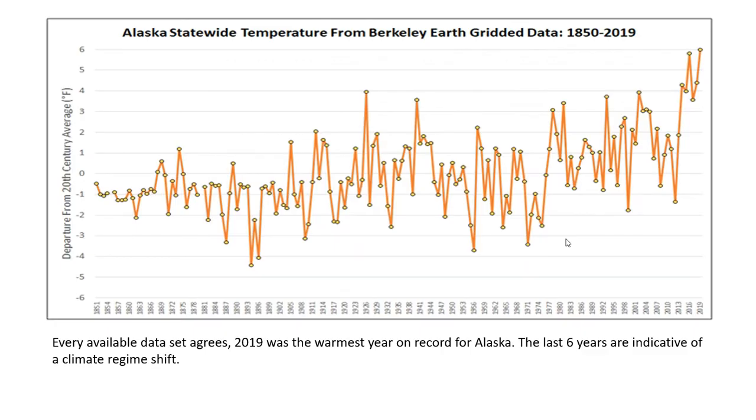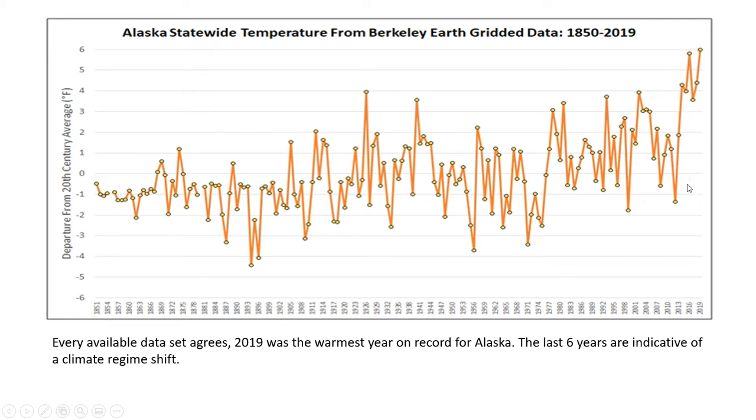Okay, let's look at the Alaska statewide temperature. This is from Berkeley Earth gridded data from 1850 to 2019. And this is year by year. Every available data set agrees 2019 was the warmest year on record for Alaska. The last 6 years are indicative of a climate regime shift. That's this clustering right here.